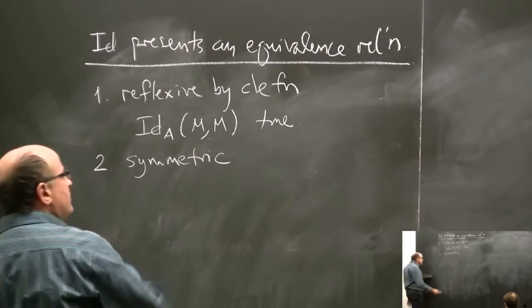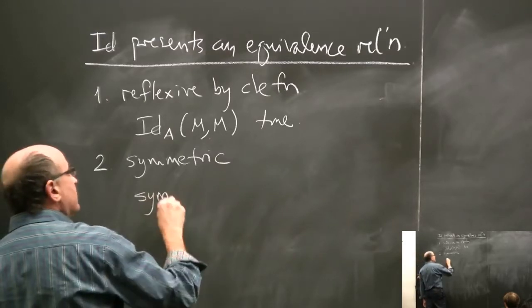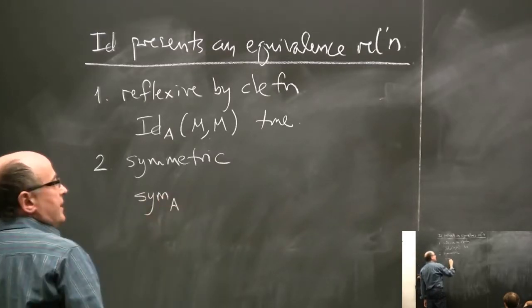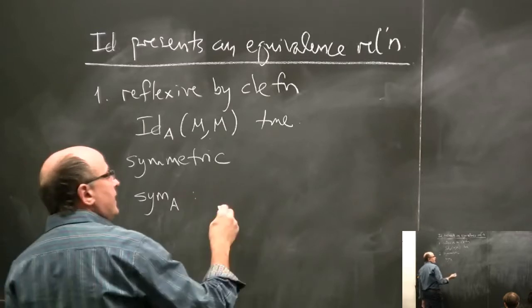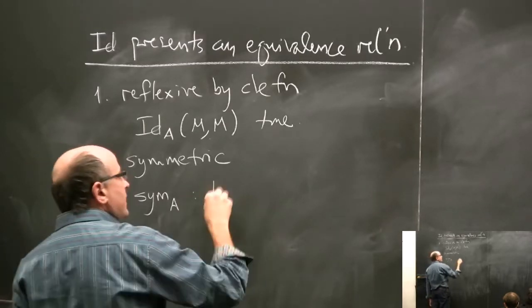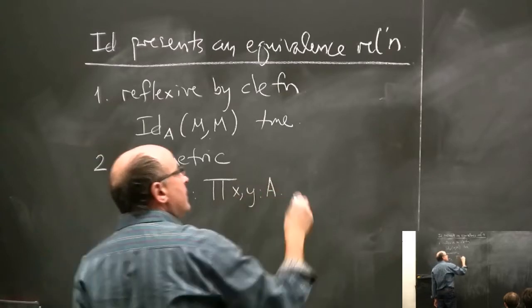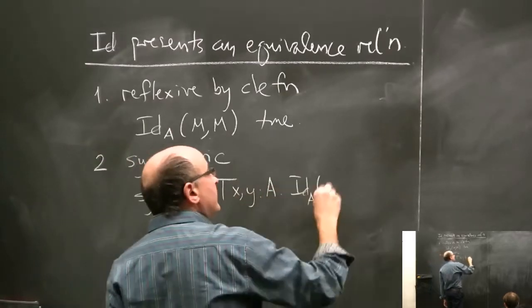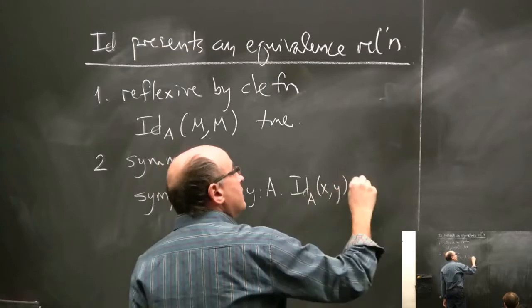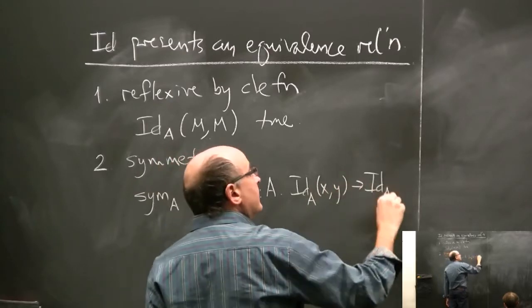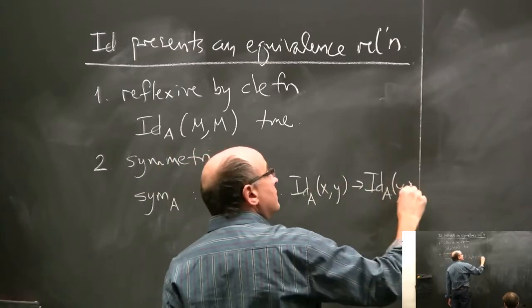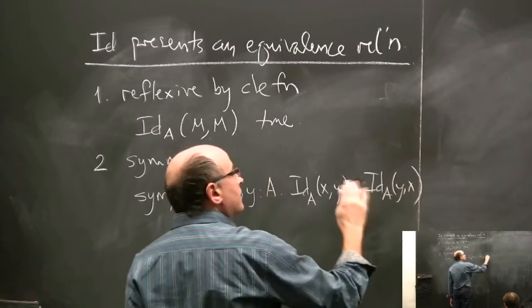Well, to prove symmetry, what I want to do is find a function. I can write it like this: sim A, which is a mapping, and I can do this generically in x and y in A. I want to say if you have an element of id x y, then you're going to give me back an element of id y x.